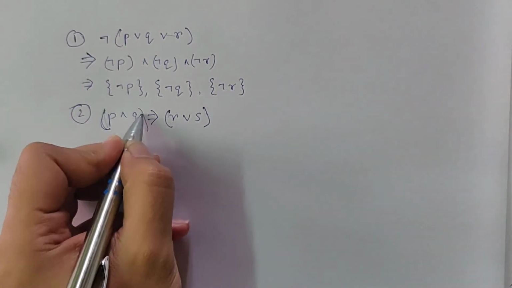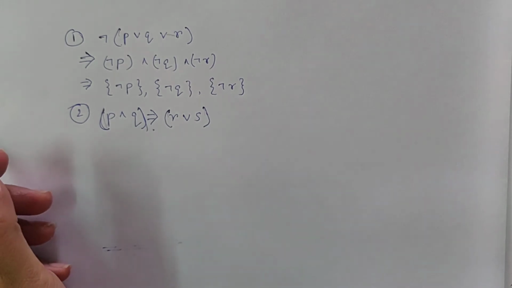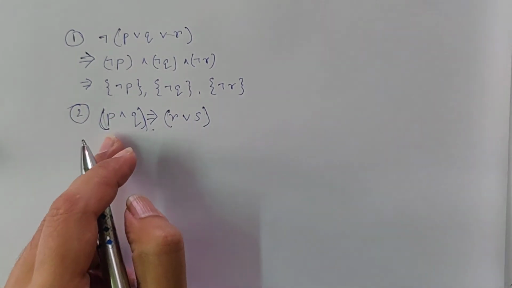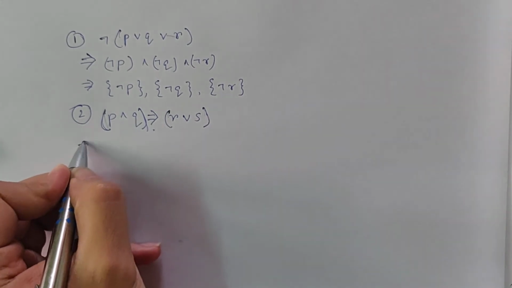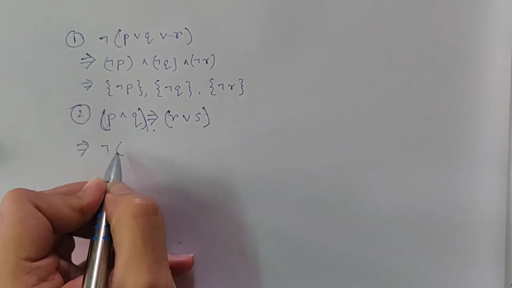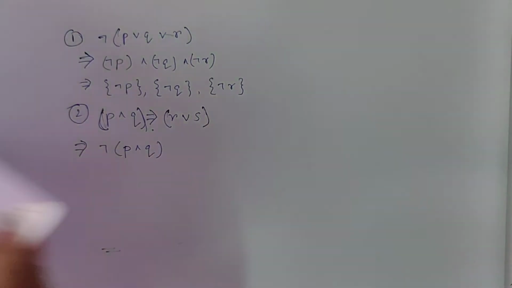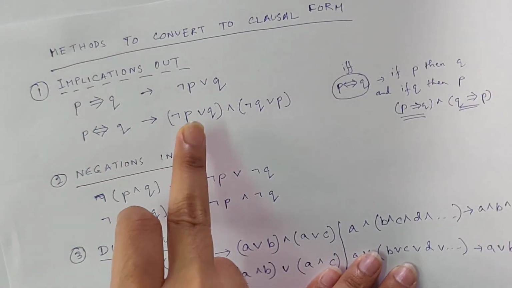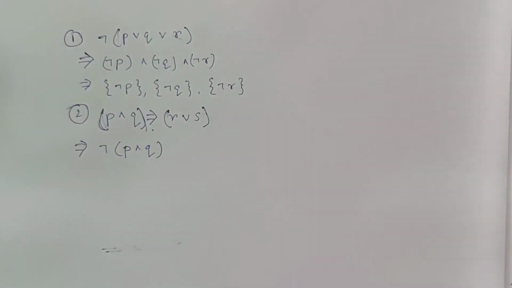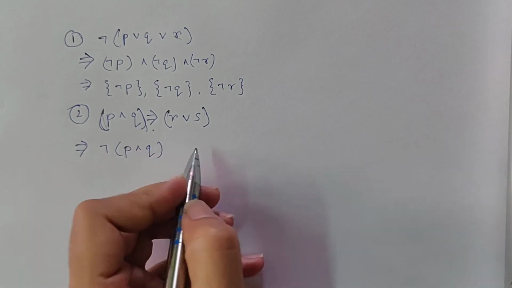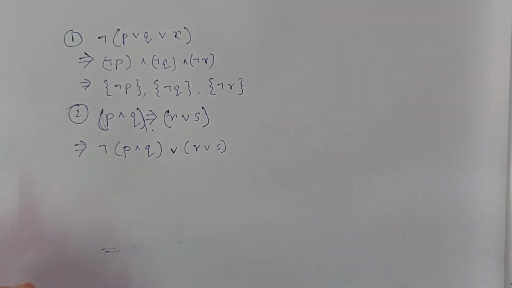Now that our formula is like this, the first step is implications out. How do we do implications out? This is equivalent to not of this entire left thing, because P implies Q means not of the left thing or the right thing.